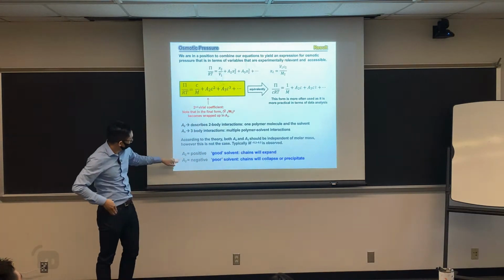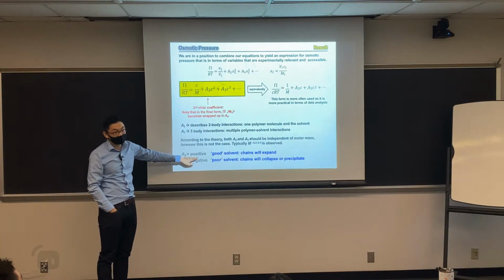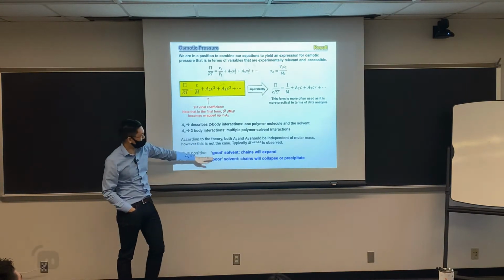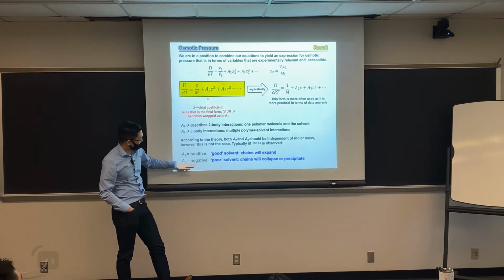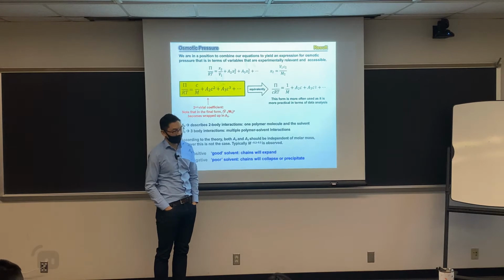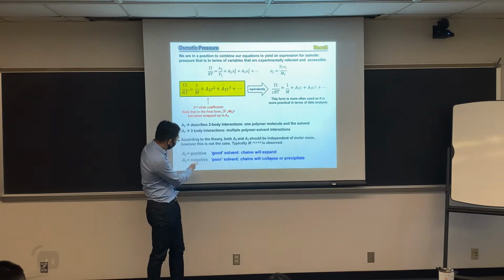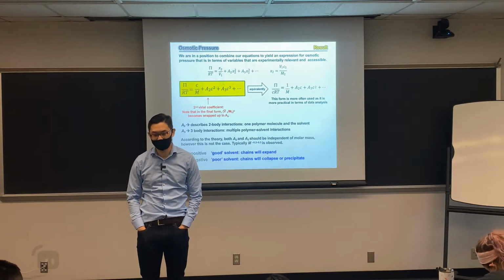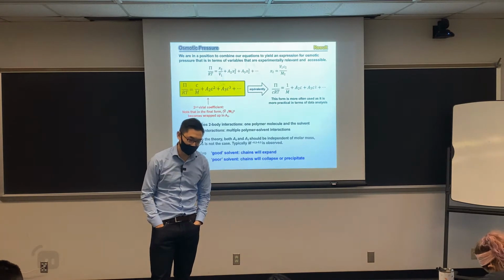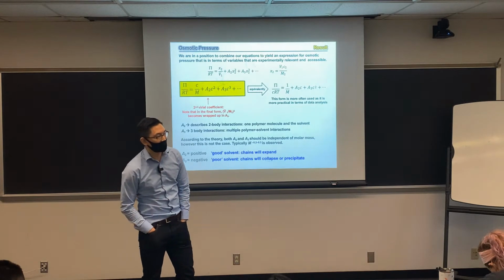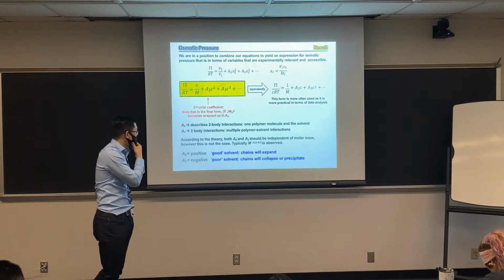This can be attractive interaction or repulsive interaction, and it will be reflected. We will learn that when A2 is positive, it is a good solvent. That tells you the chain will expand, like we learned in the last lecture. When A2 is negative, that means a poor solvent. The chain will collapse or precipitate. And A2 equal to 0, although I didn't write it on the board, means the chain doesn't depend on its interaction with solvent, which is the definition of a theta solvent.